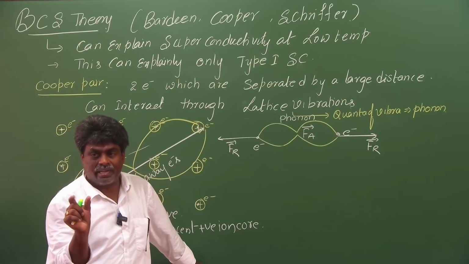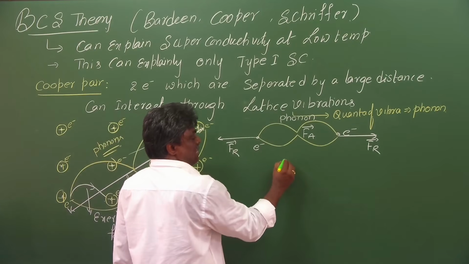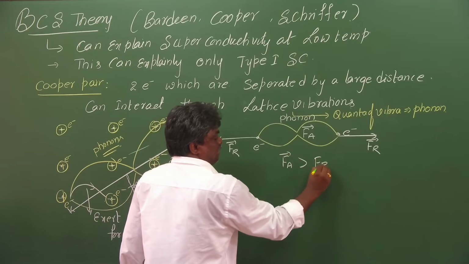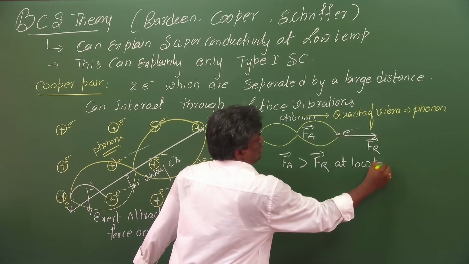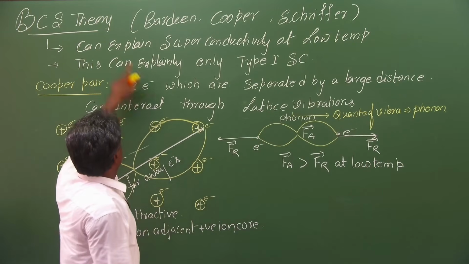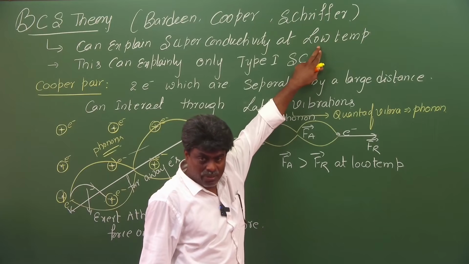The attractive force is greater than the repulsive force at low temperature. That's why BCS theory can explain superconductivity at low temperature.